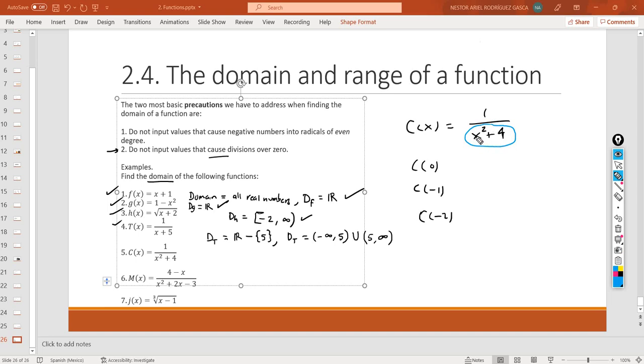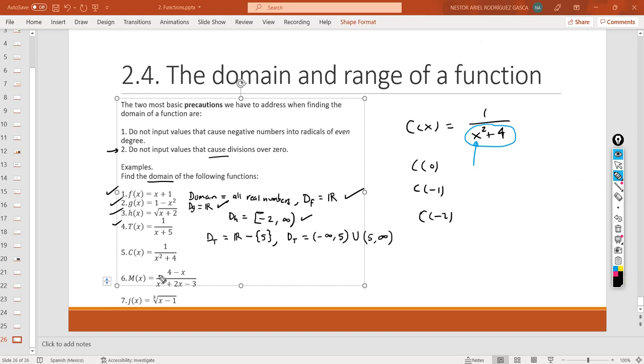Never. Because if this is a positive number, then square it and you will get a positive number, and then plus 4, you will get a positive number. Now, if you put in there a negative number, when you square it, you will get a positive number, and plus 4 will get even more positive, so to speak. So for this function, there won't be any problem.